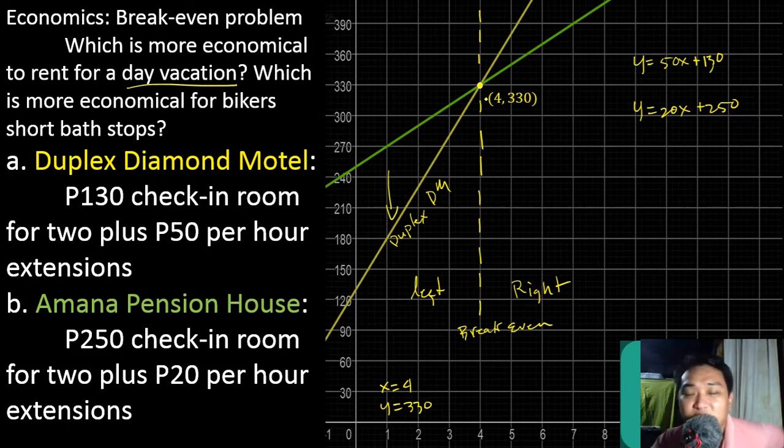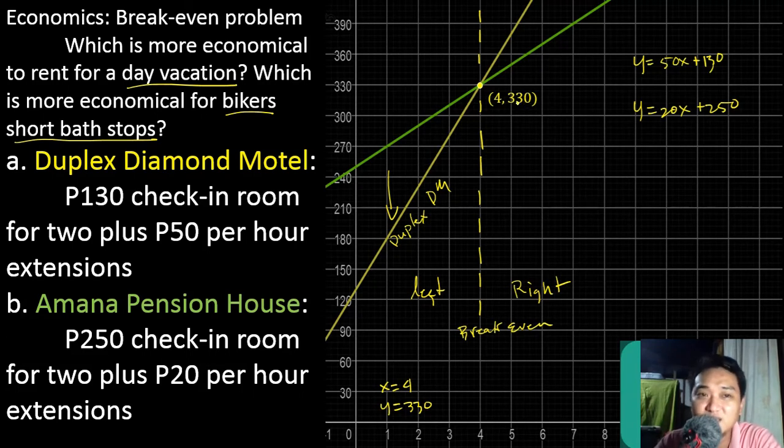Pagka mag-stay ka lang doon, less than 4 hours. Let's say 3 to 1 hour. And mas economical yun. Para kanino? Para dun sa mga bikers na ang intention lang is for short bat stops. Paano naman yung mga bakasyonista?